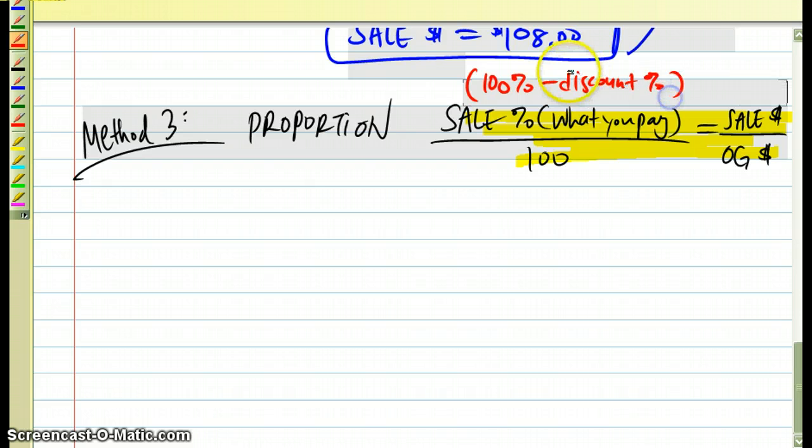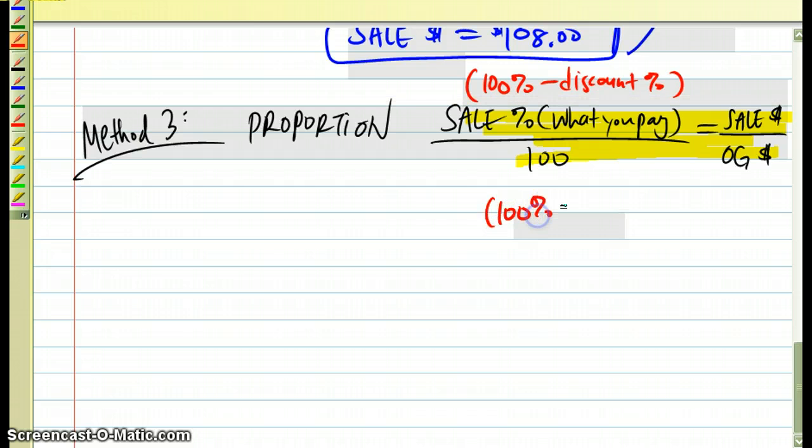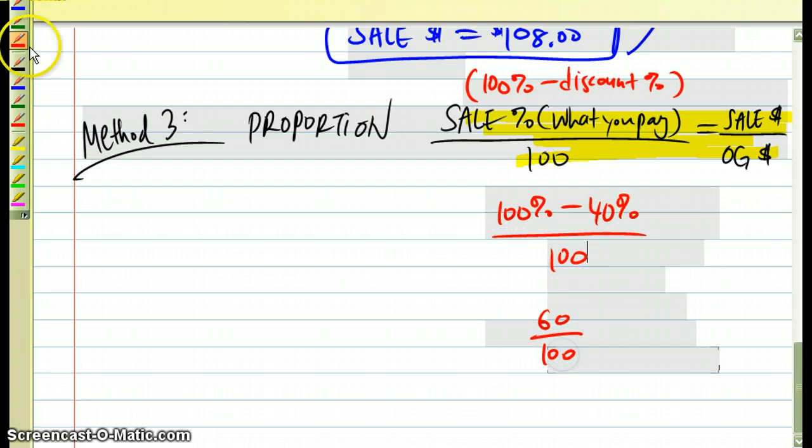So when you walk into a store, they're usually going to tell you that percent. Okay, so here we have our sale percentage is 100% minus the savings of 40%. So really we get to pay 60% of it. So I'll just write 60 over 100. That's the sale percentage. That's what you get to pay, right?